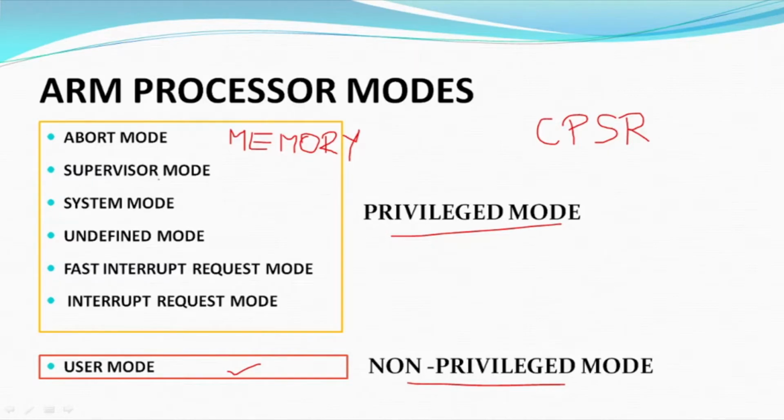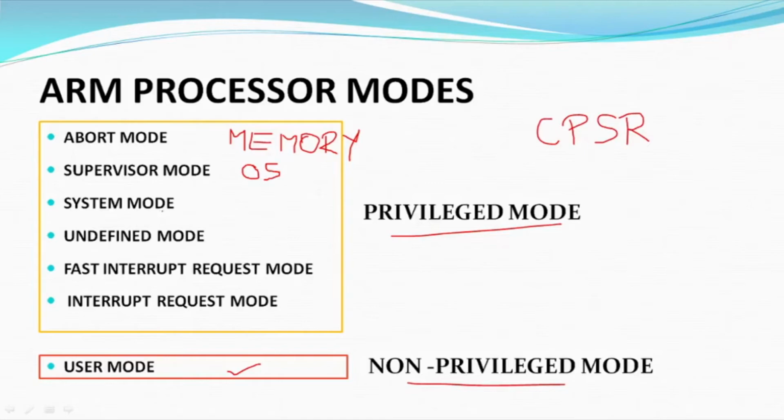Next, we have supervisor mode. Let's assume you have just switched on your system or reset the system, or if the operating system kernel is working, then the ARM jumps to supervisor mode.